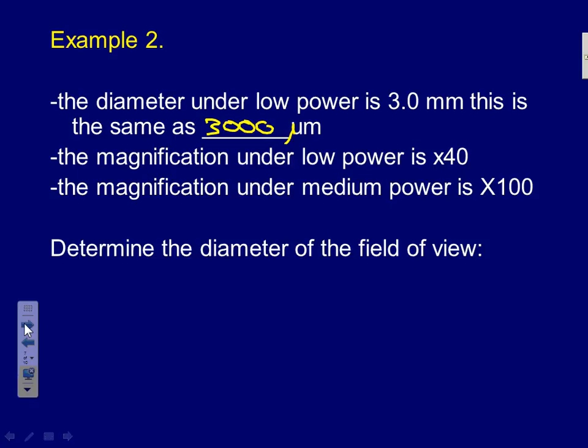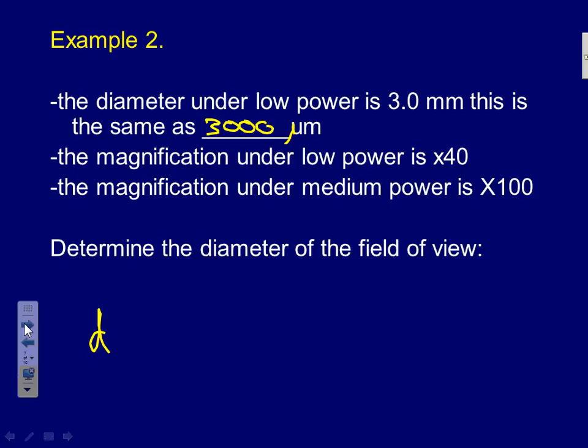What is the diameter of the field of view under the medium power this time? Now notice I gave you the low and I gave you the medium. Now, we could write an equation that says diameter of the medium, but you don't have to. It could mean the diameter of the higher power.